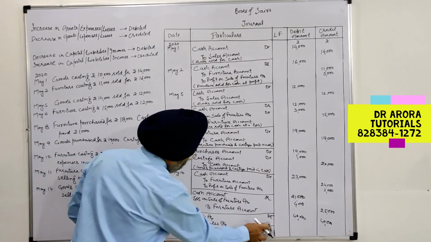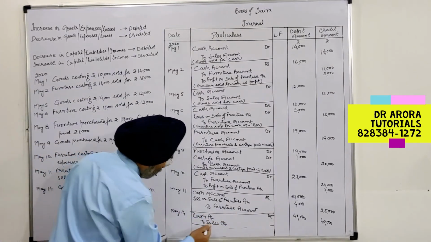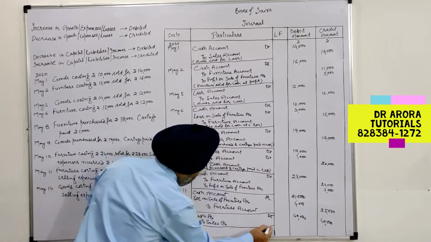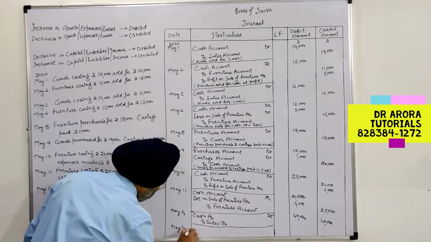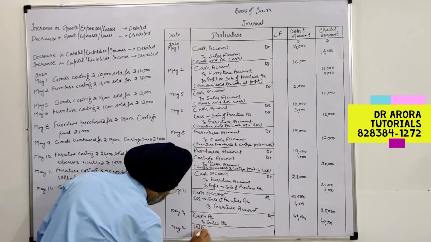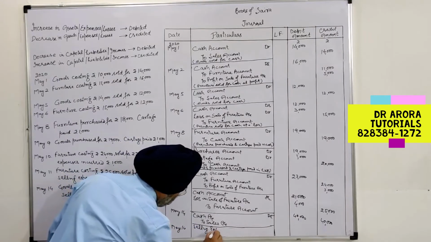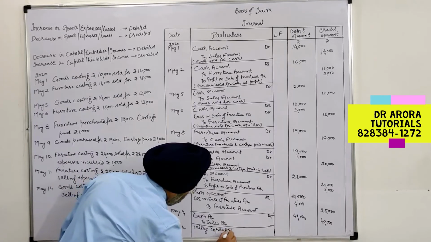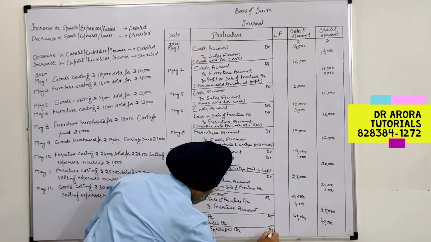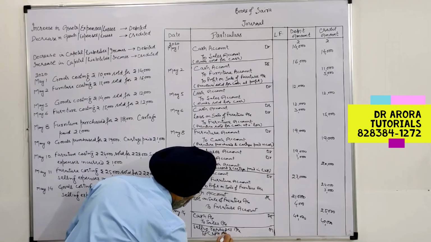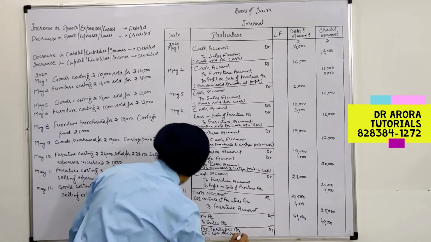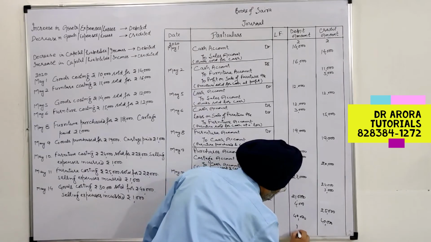So we have to pass another entry on May 14th for selling expenses, and that will be selling expenses account debit to cash account.